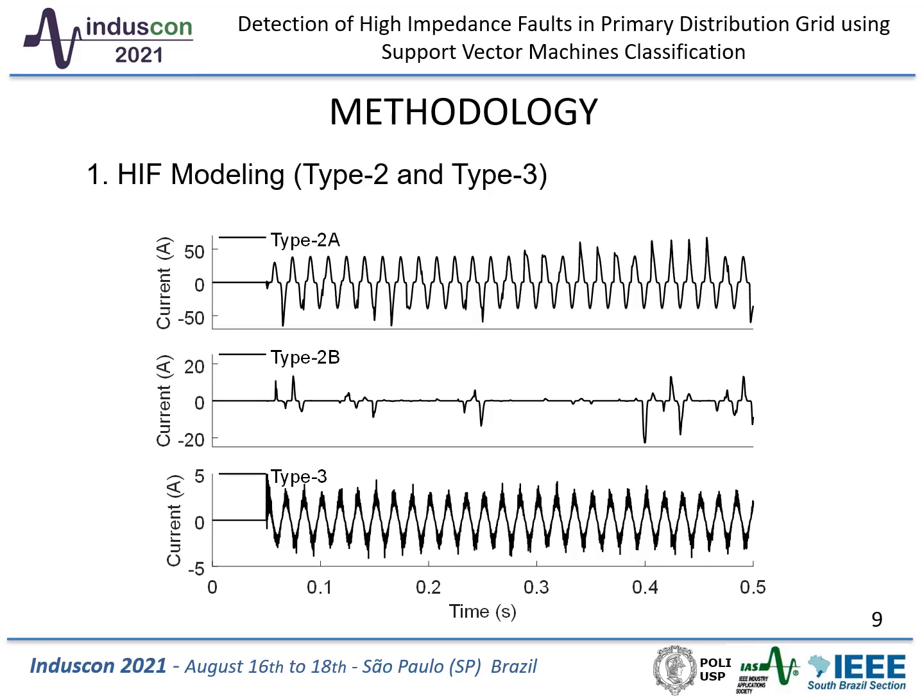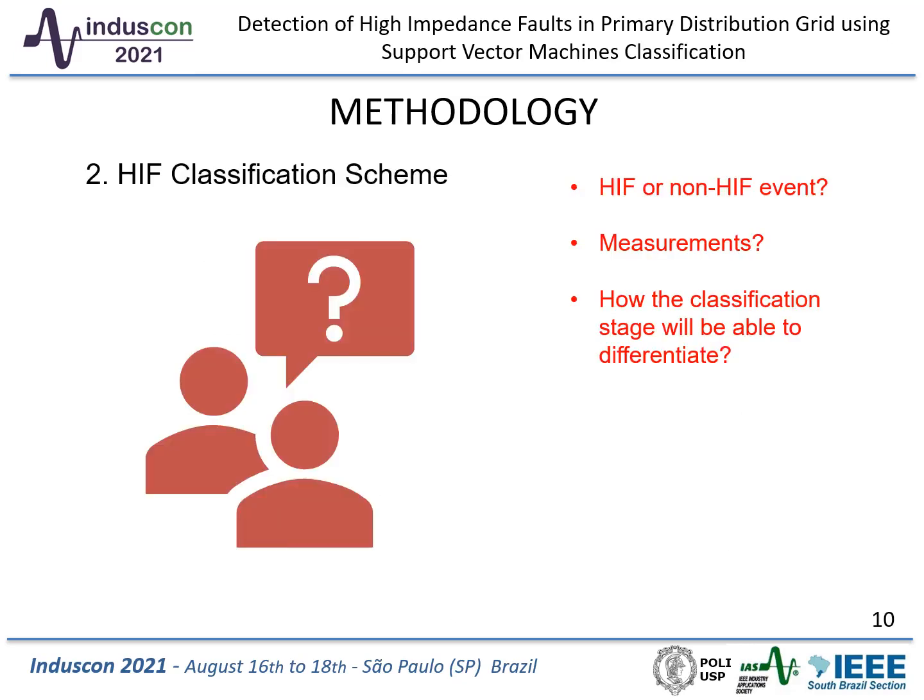When extremely high grounding impedance is present, some HIFs may depict type 3 behavior. Thus, fault current amplitudes tend to be much lower. Therefore, its waveform might exhibit high-frequency distortions due to the existence of white Gaussian noise.